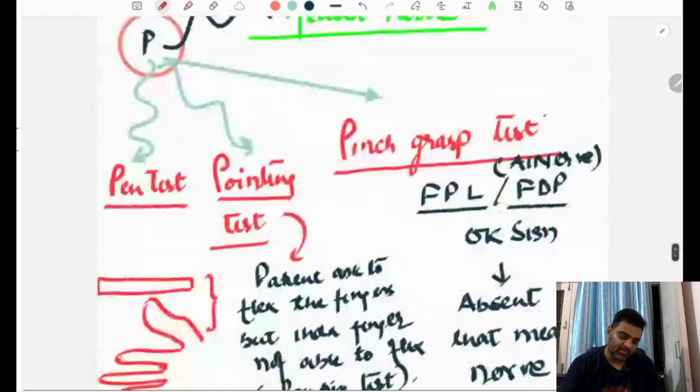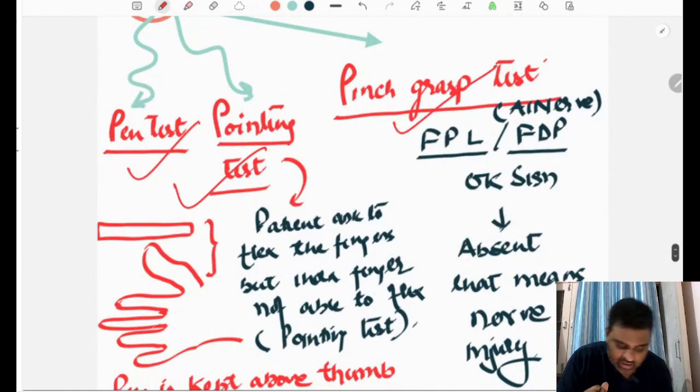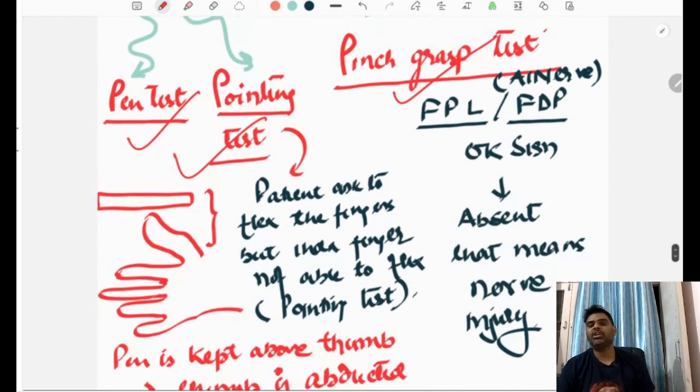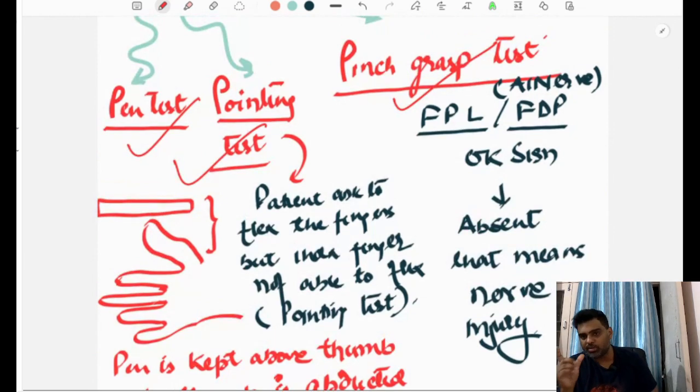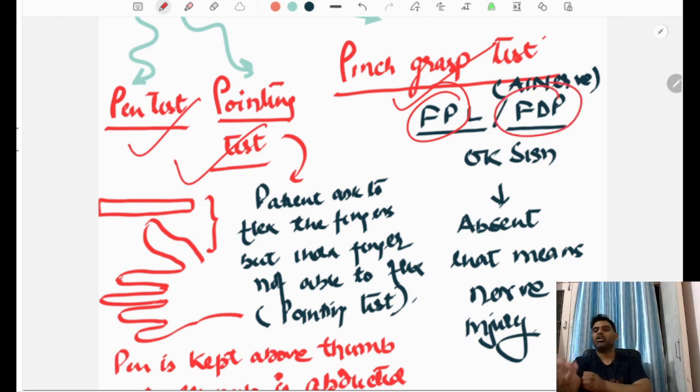For the median nerve, I've told you the pen test, and I've explained the pinch grasp test. The anterior interosseous nerve is the most common nerve involved in supracondylar fracture. It supplies two muscles, the flexor pollicis longus and flexor digitorum profundus.